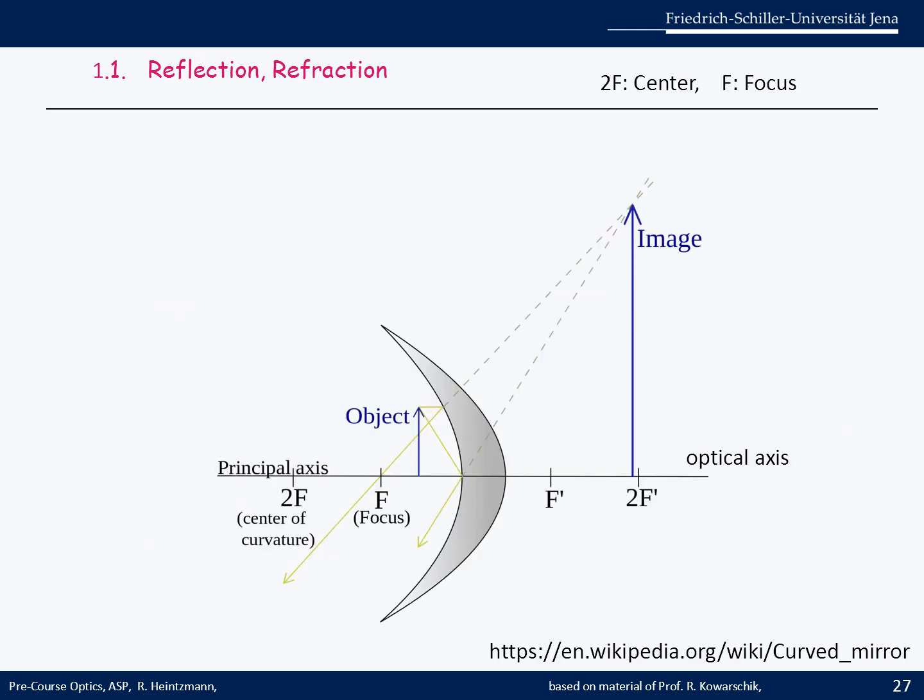So, how about curved mirrors now? This indicates a curved reflective surface, in this case a concave mirror. Now we have an object somewhere, and we are looking where an image will be formed.